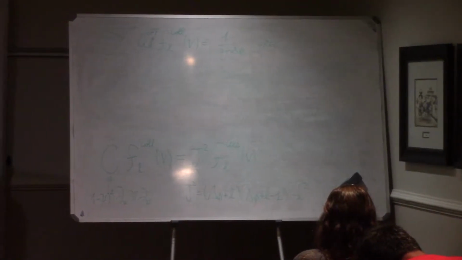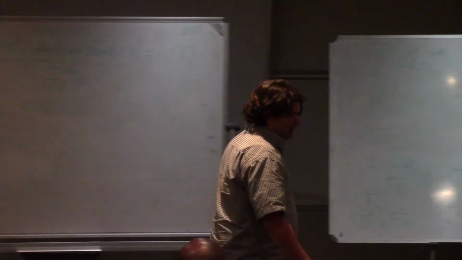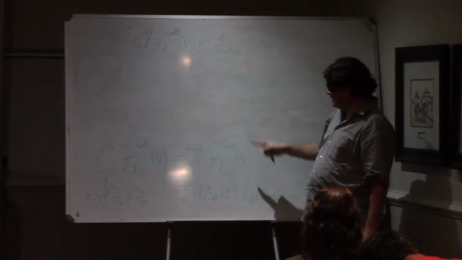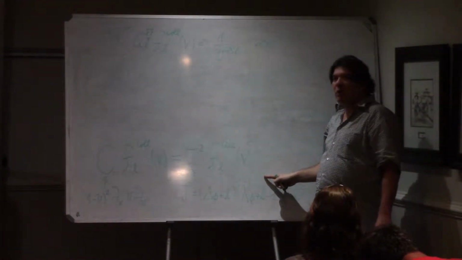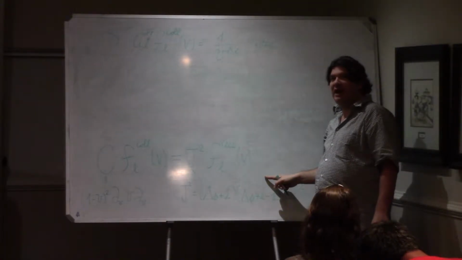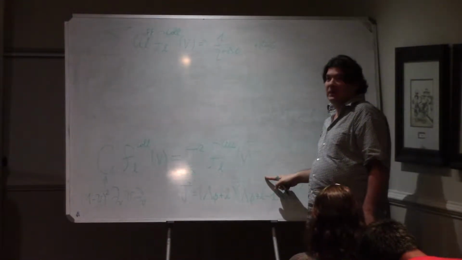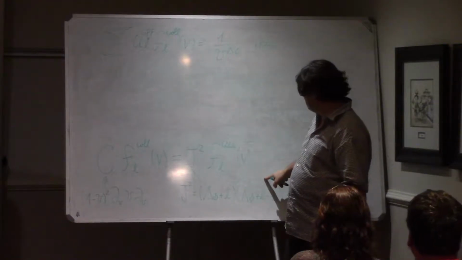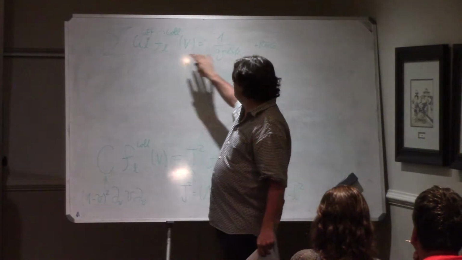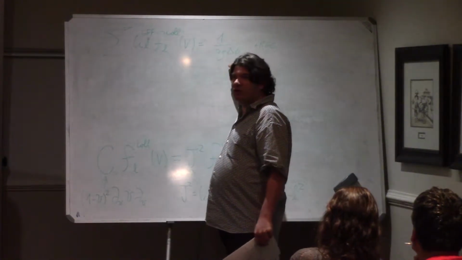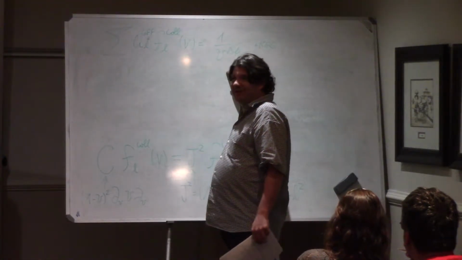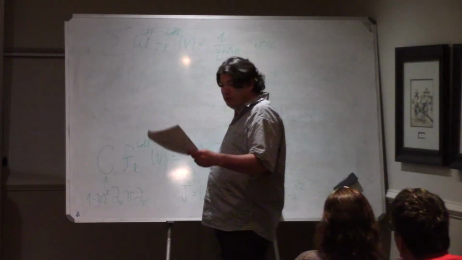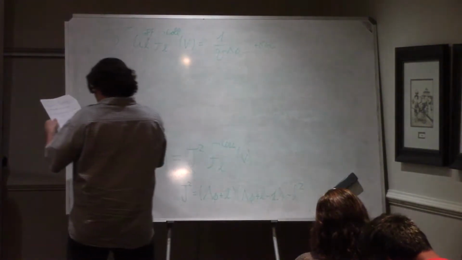Is that okay? Good. But now, if this is true, and this is also true, no one prevents me from getting another relation. I get it by acting on both sides of this equation with the Casimir operator. If I do that, what do I get?